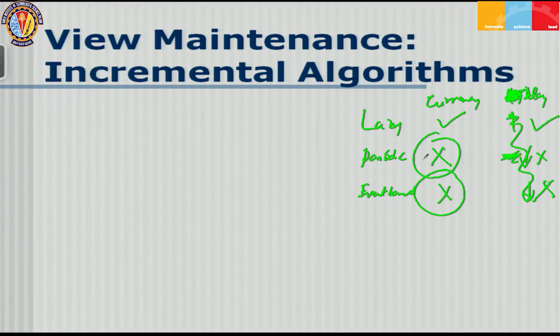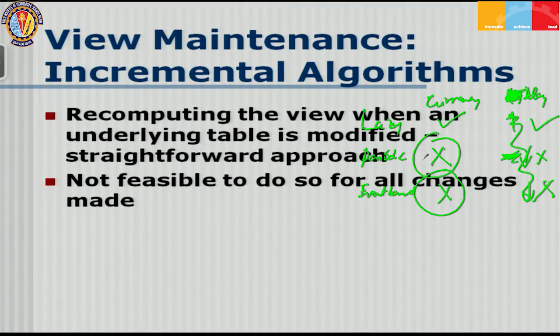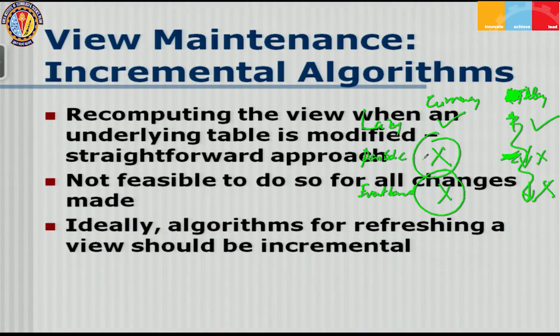So this would be discussed in the next lecture: recomputing the view when an underlying table is modified. This is a very straightforward approach, but it is very expensive. It is not feasible to do so for all changes made. So what we do is we try to use what are called incremental algorithms for refreshing a view, right?